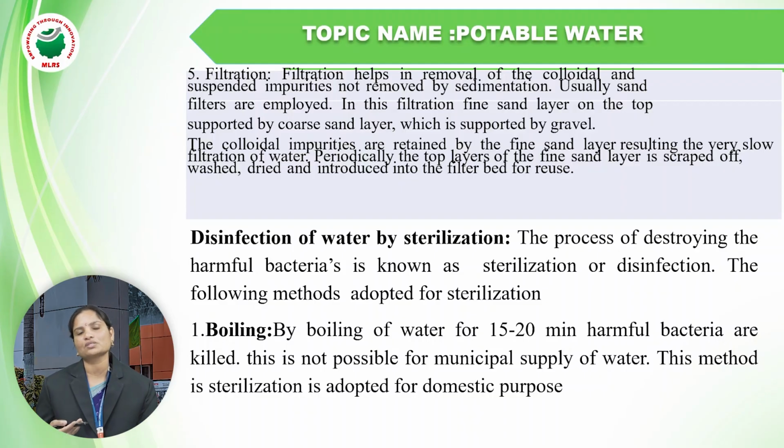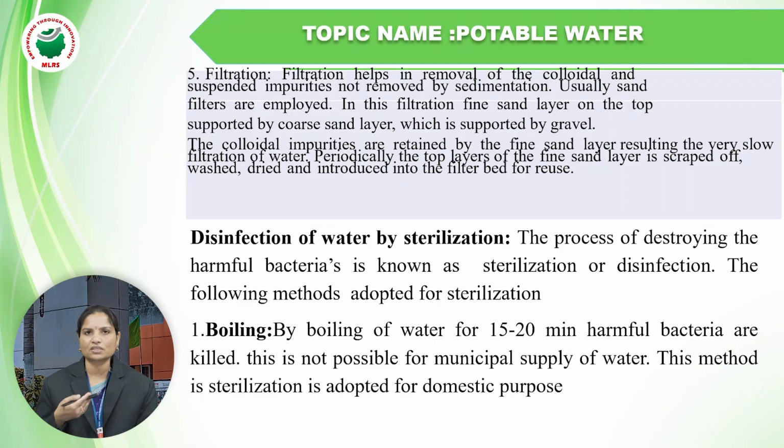Hence we go to one more treatment method, the filtration process. Not 100% of the colloids and suspended impurities can be eliminated by sedimentation only, so we use one more process to eliminate the suspended and colloidal impurities.